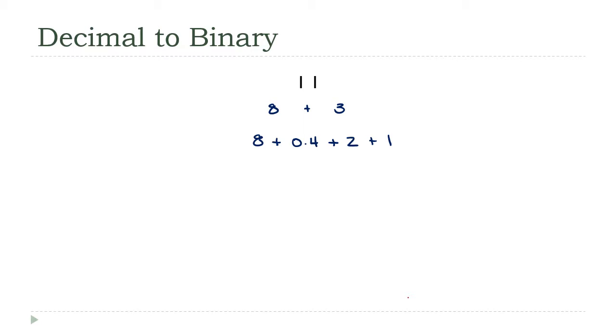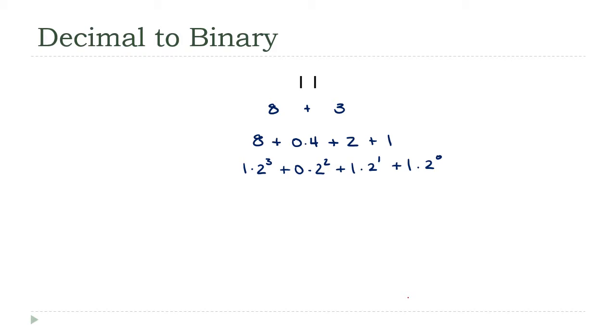Now watch what I'm going to do here. I'm going to make this 1 times 2 to the third plus 0 times 2 squared plus 1 times 2 to the first plus 1 times 2 to the 0. Notice how similar this is to the decimal number we looked at on the very first slide, only instead of having powers of 10, I have powers of 2.